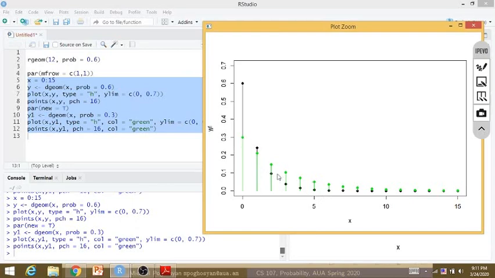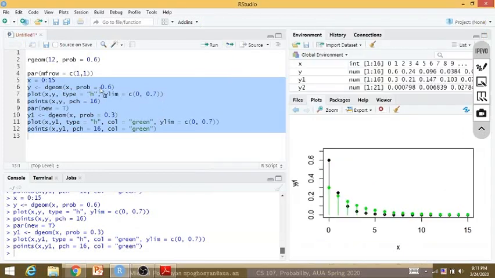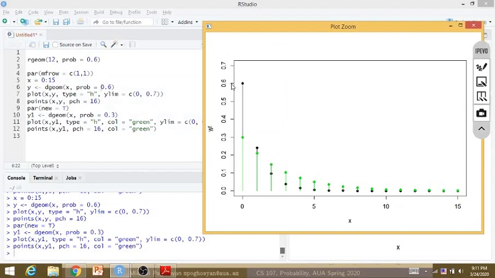So you can see that we have this decreasing type of probabilities. The probability that we will have 0 failures before the first success for the geometric with 0.6 is exactly 0.6.